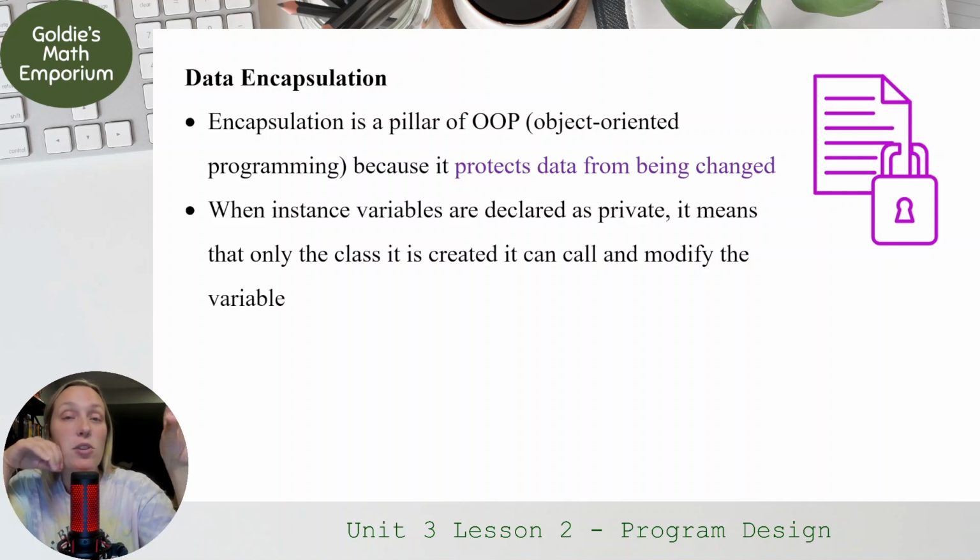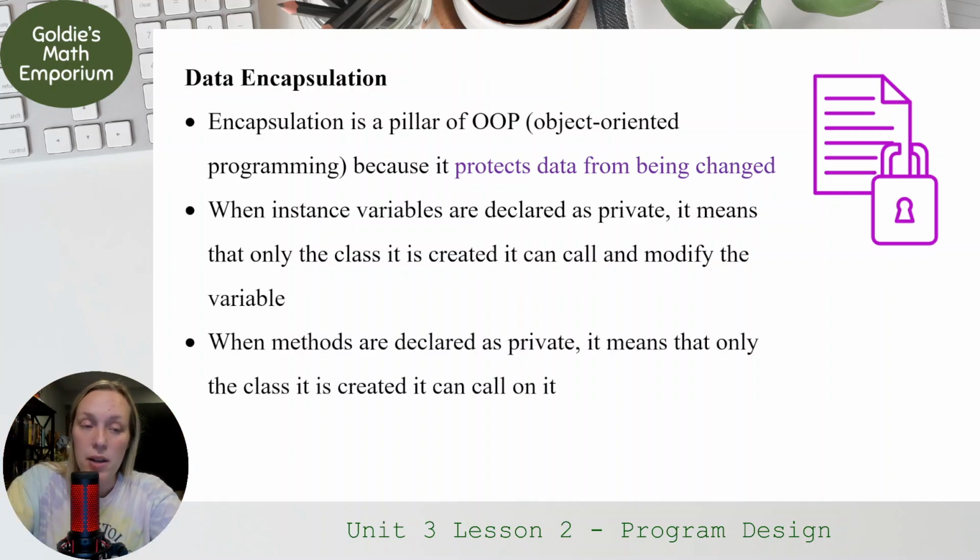When instance variables are declared as private, it means only the class that created it can call and modify that variable. When methods are declared as private, it means only the class that created it can call on it, and outside classes can't call on it. Making stuff private in general is a way to protect data, and not only is it good programming practice, but it also lets you make sure that you are keeping organized programs.